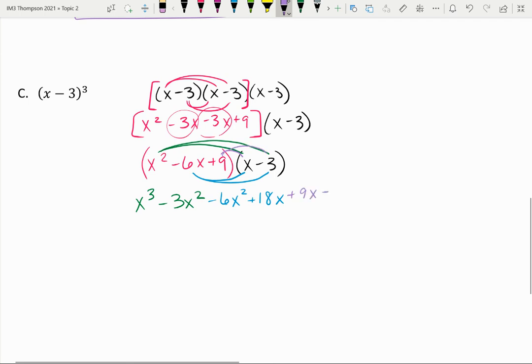And then multiply the 9 by everything in the second parentheses also. I combine like terms and I'm done. Just remember, if I am multiplying 3 things together, you got to do it in stages. You can only multiply 2 at a time and you guys will be fine.